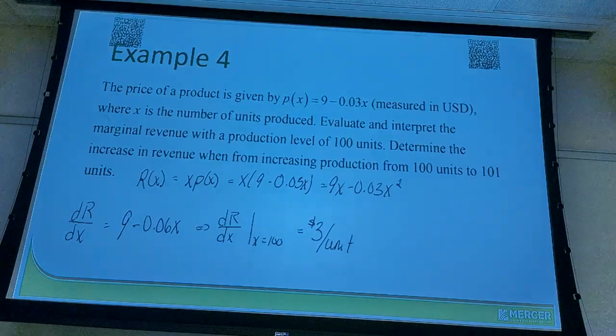Now what we're going to do is look, it says to find the actual revenue increase. Well, wouldn't that just be this? Yeah. That's the actual delta R. We just leave it like that. That's R of 101. So that's why you actually have to go up to the R of X function.